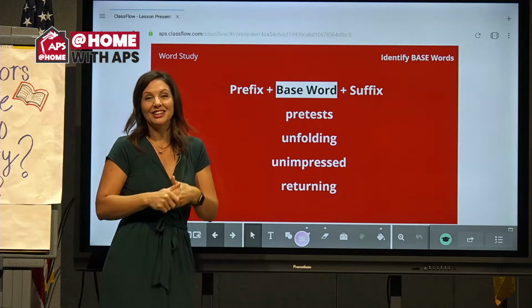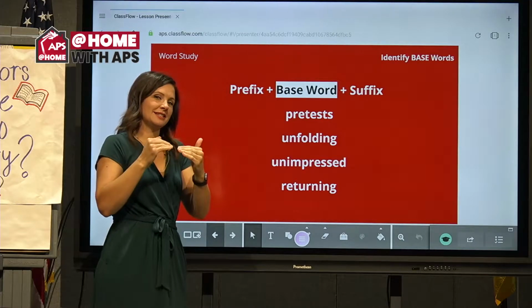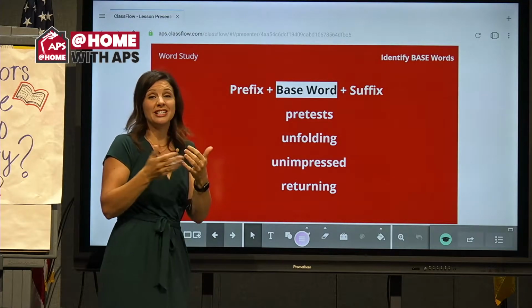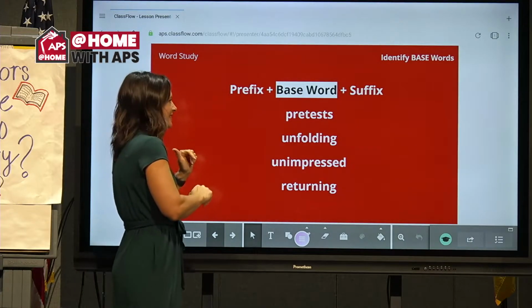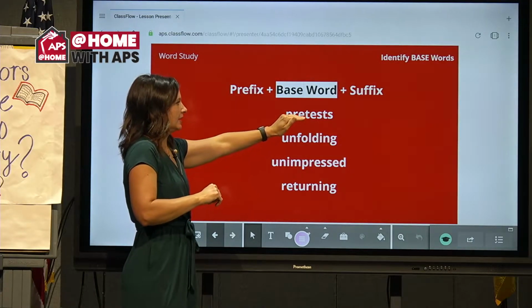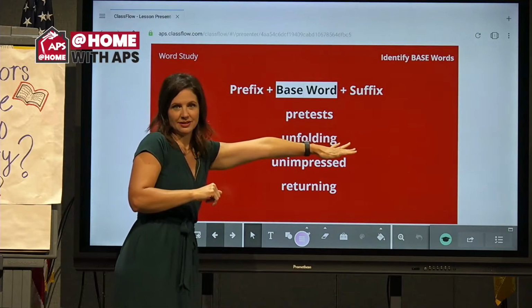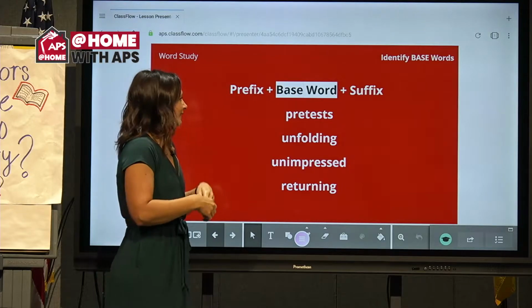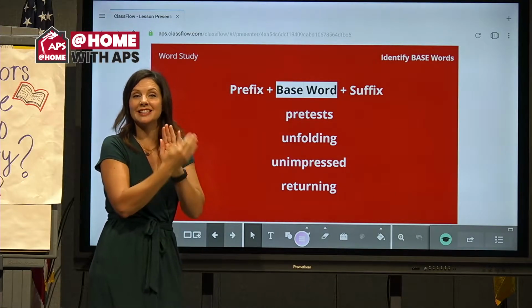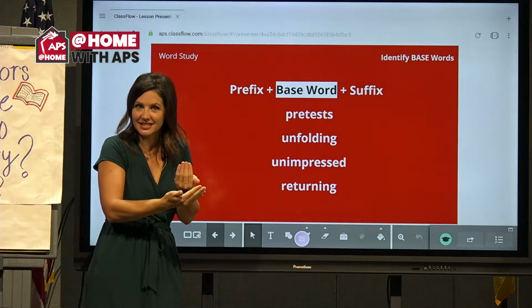But look at this list. We have pretests. Where is the base word? I see the word right in the middle that can stand on its own. Test.